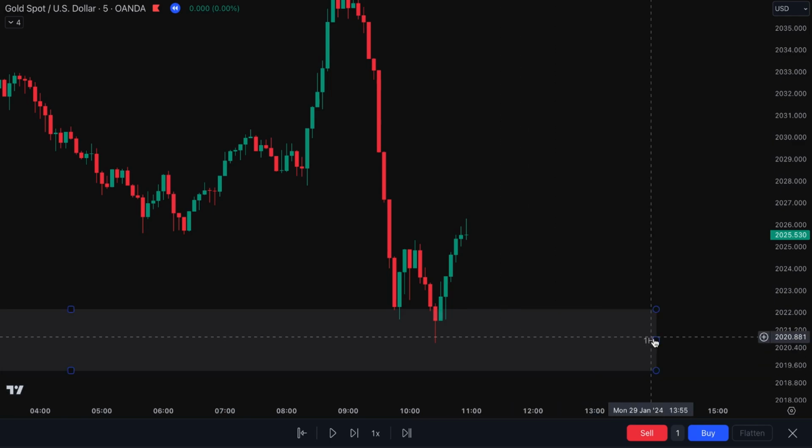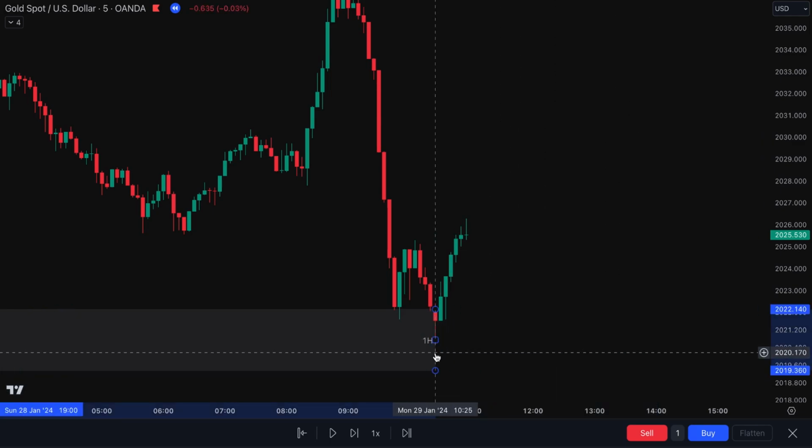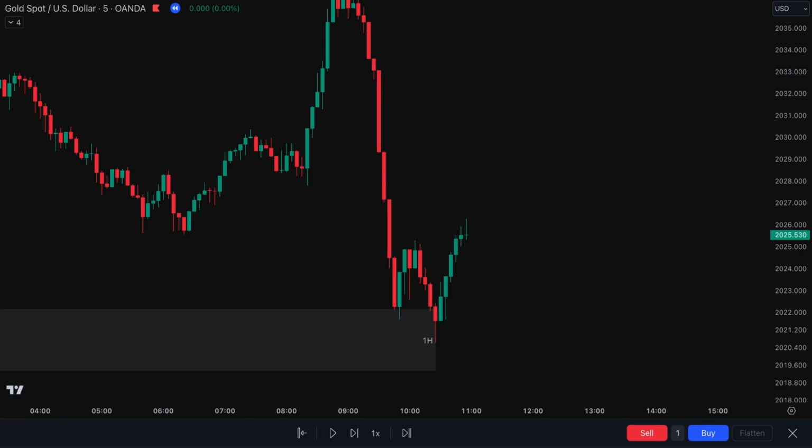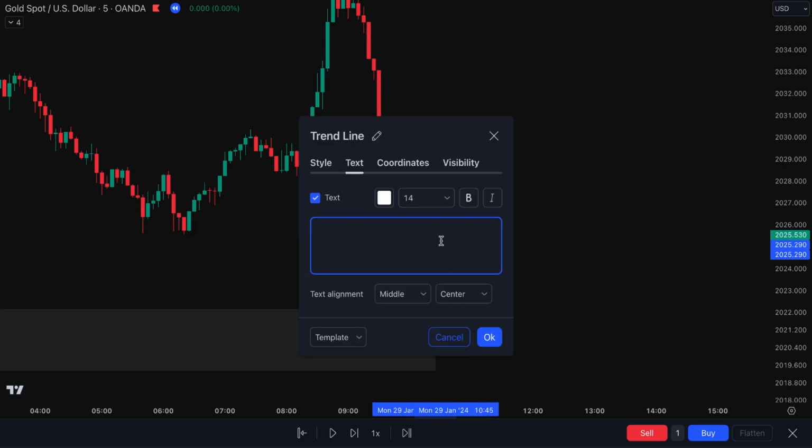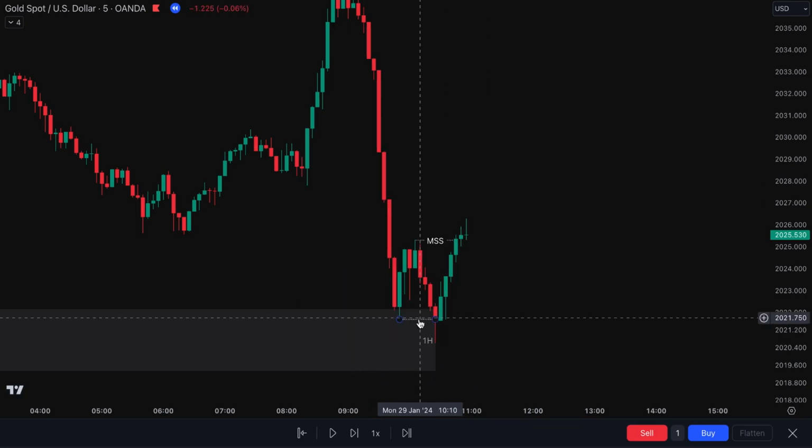As you can see here, price failed to displace below this low and shifted structure to the upside. I will now wait for the range to complete and then do exactly the same I did before.